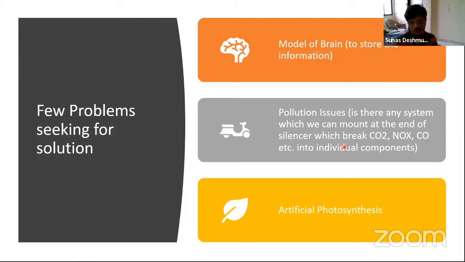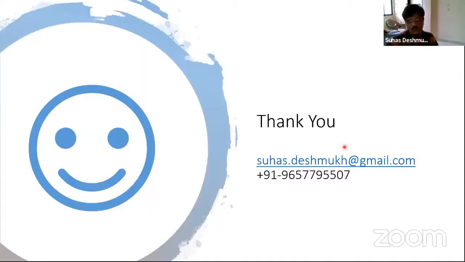This is a nature-driven process. Why can't we convert that nature-driven process into an artificial one? That is also one idea you can think of as a future application of technology.